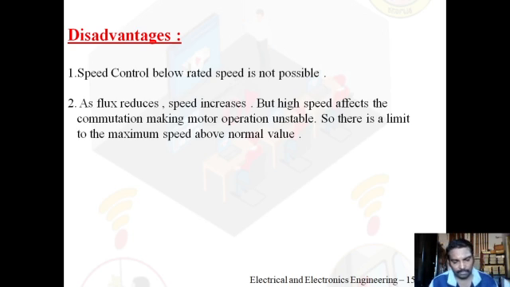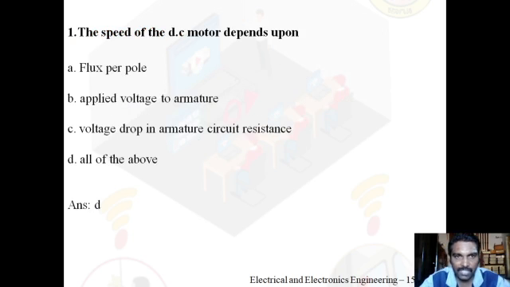So based on these ideas, we can go for MCQs. So here if you observe the first one, the speed of the DC motor depends upon, already we have seen, the factors which affect the speed.